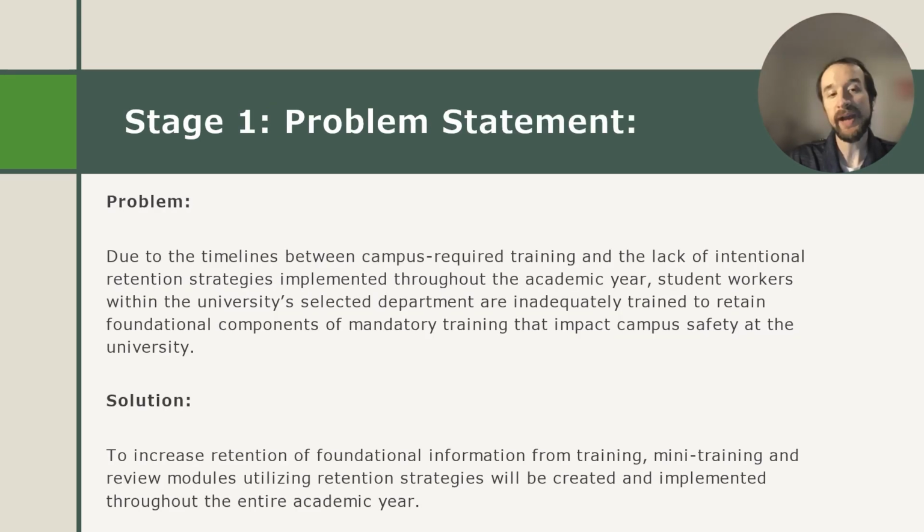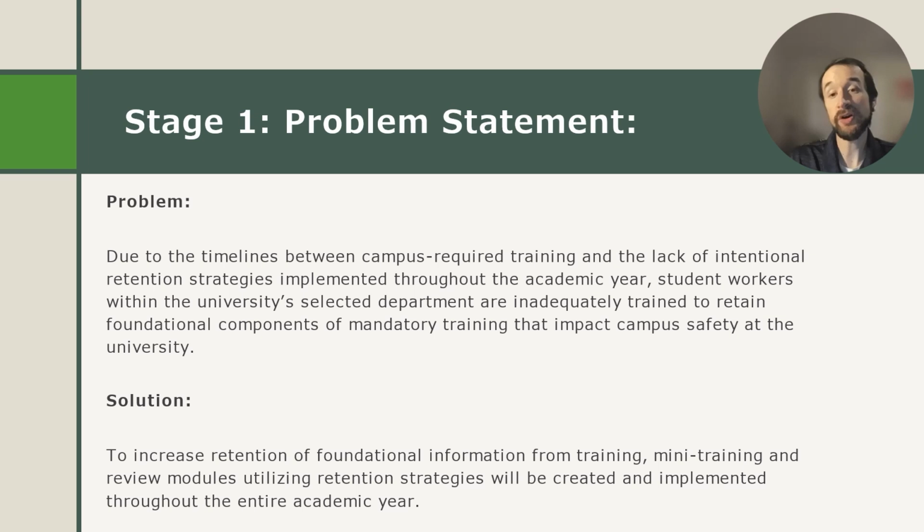To start with, we have our problem statement. And so once again, this centers around the mandated trainings that impact campus safety at the university. So students attend a training of 2 days prior to the academic year starting, where they are presented and provided information for a multitude of trainings. So there's a lot of information that they are intaking on those 2 days.